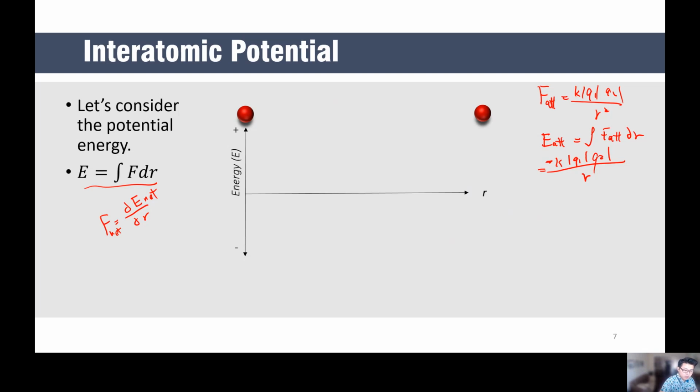This is important because what we're saying is that if you have an attractive force, the energy is negative. If you have a repulsive force, the energy in this scale is positive.